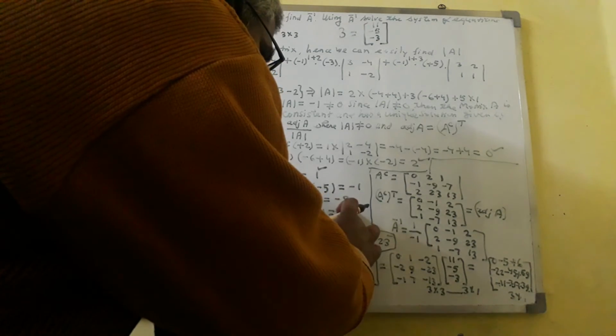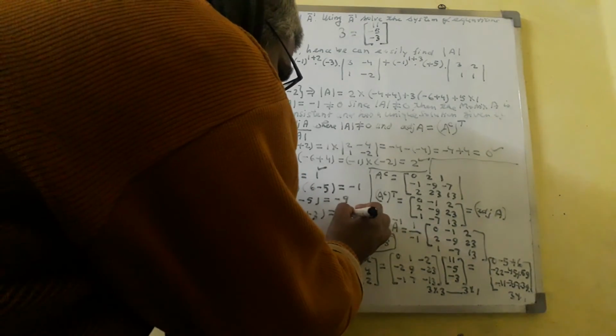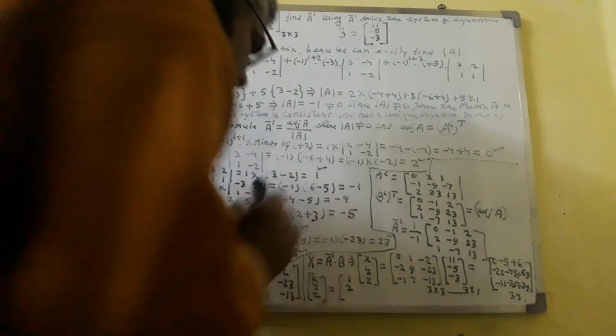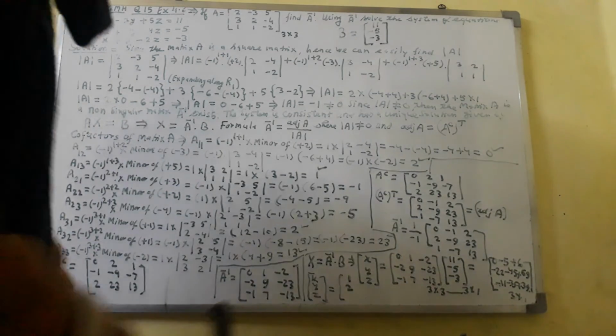This is 5. So everywhere minus 5, right here minus 5. This is minus 5. Everywhere minus 5 it will come.